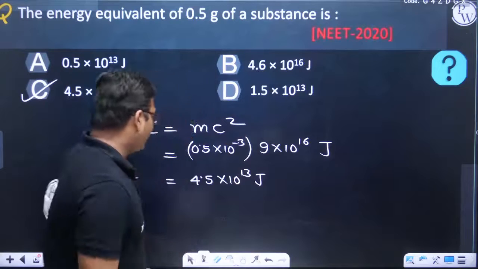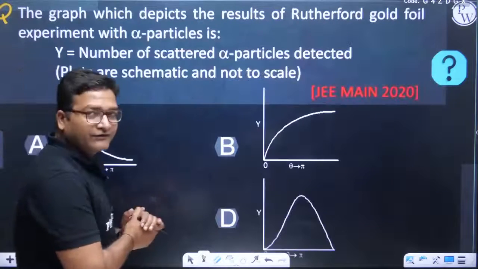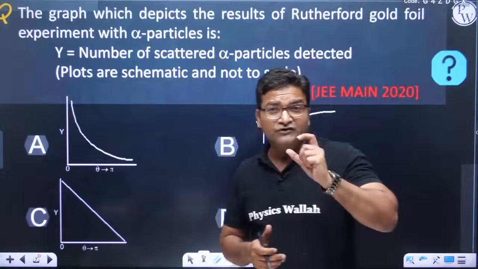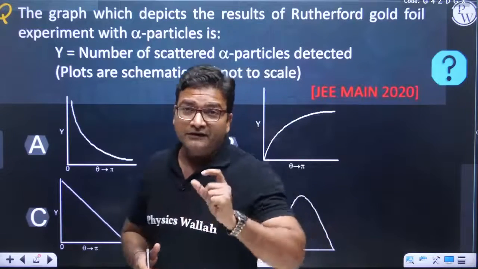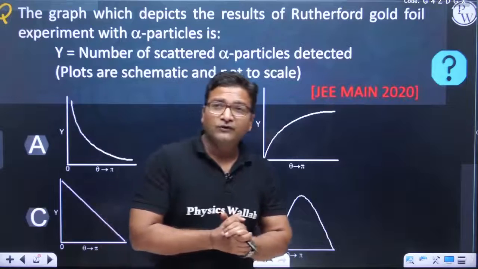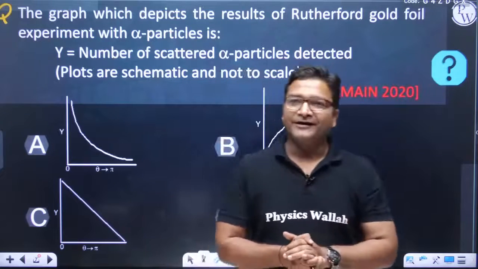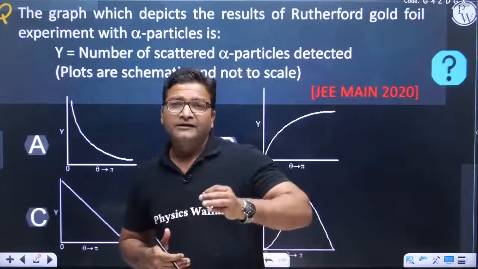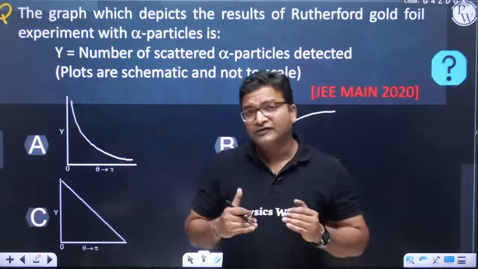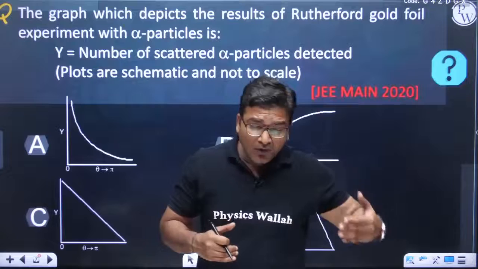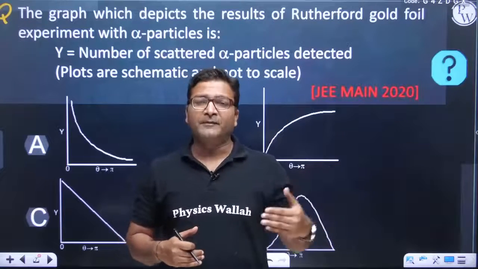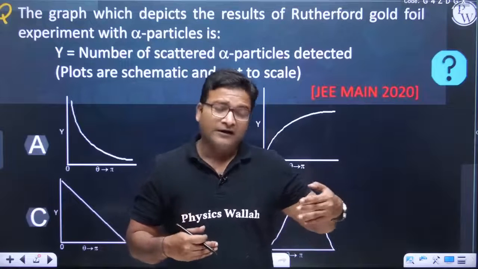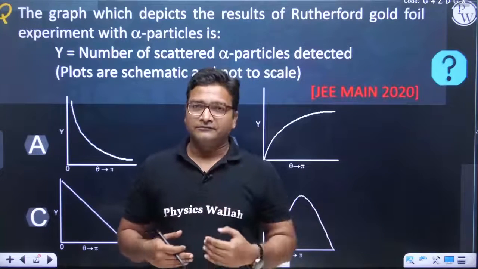Okay, so let's move to the next question. This question says you have to choose the graph which depicts the result of Rutherford's gold foil experiment with alpha particles. I think you all must have studied that. The basic result of that experiment is that almost all alpha particles are not deflected at all.